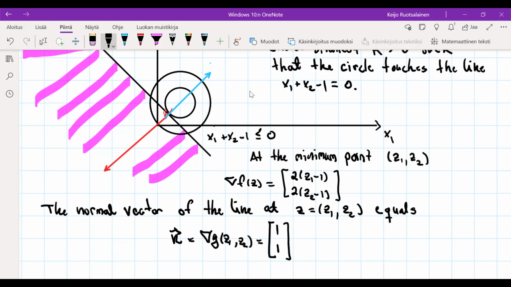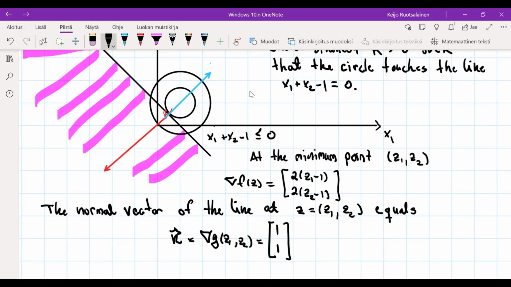So it is the minimum point. At the minimum point, these two vectors are linearly dependent. And this is what I'm trying to tell.